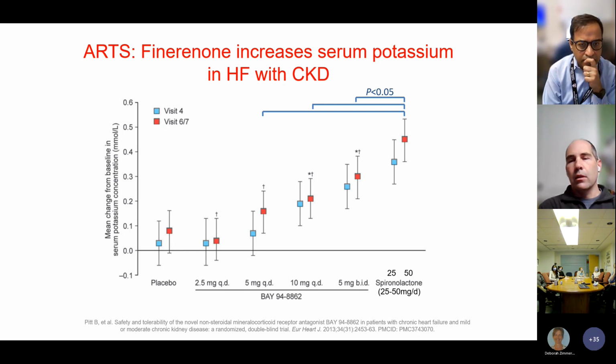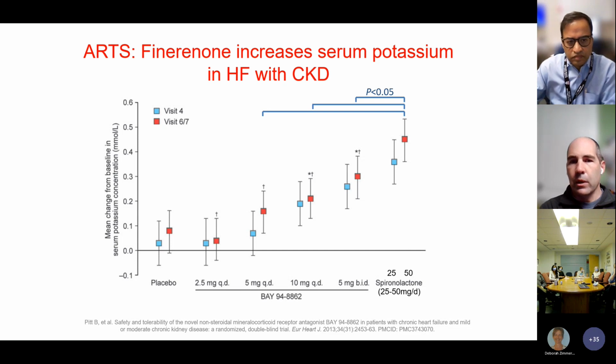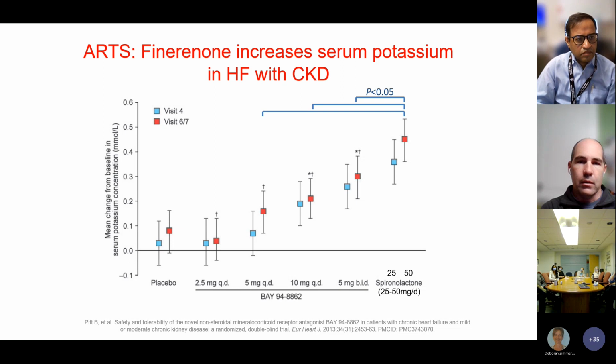A lot of the early literature or talk from the finerenone drug development was that it doesn't cause as much hyperkalemia, but it does increase potassium. So you can't just take that and run with it. You can't just think you can put people on this and not change potassium. It increases potassium. So especially at 10 milligrams or 5 milligrams twice a day, you see an increase at 4 weeks and visits 6 and 7.